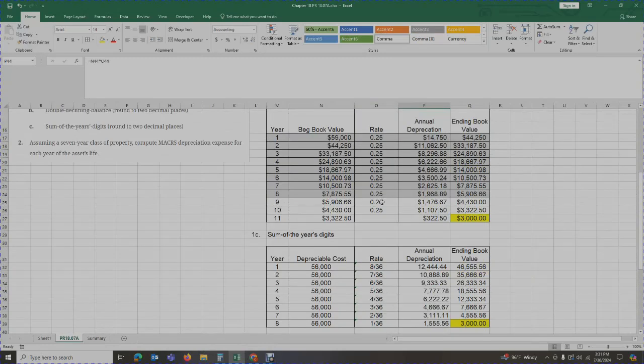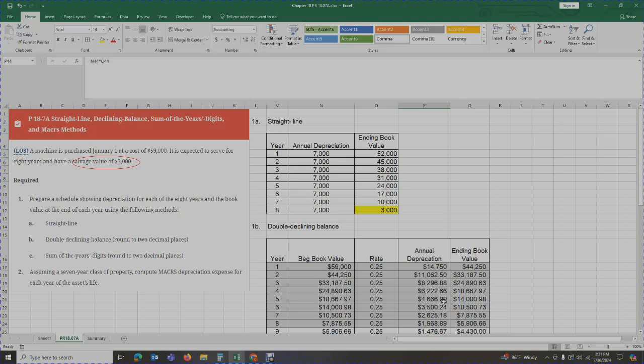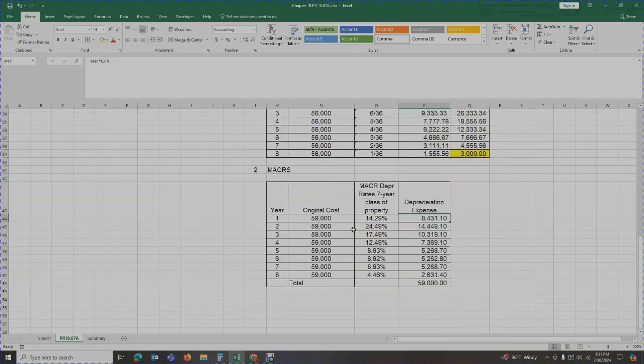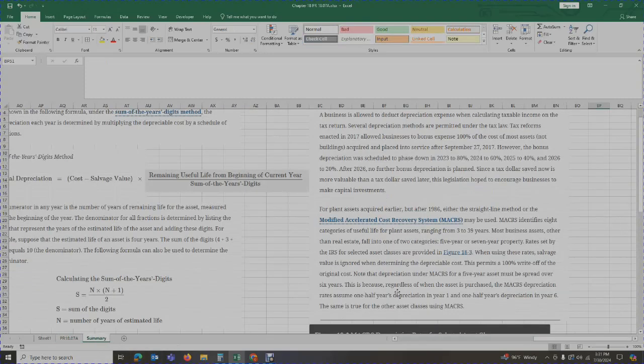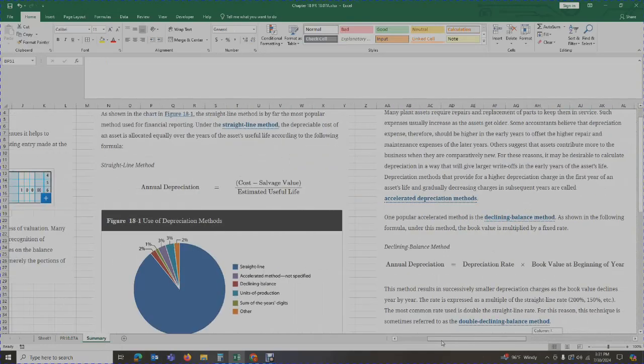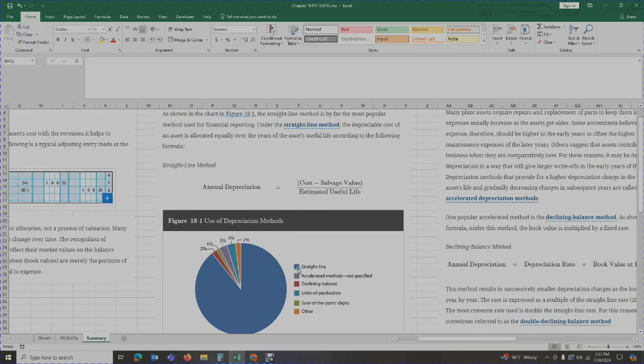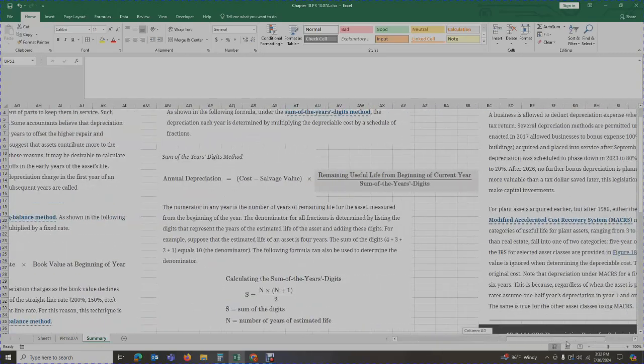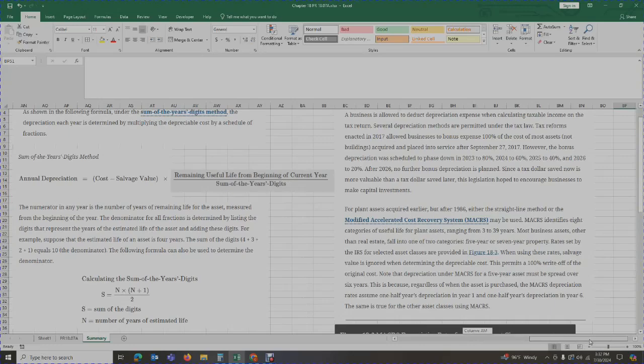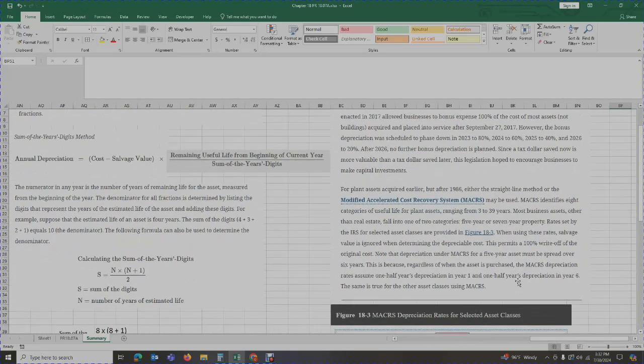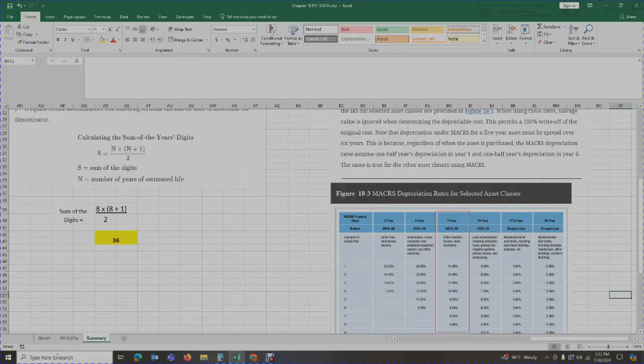You would have to rerun your calculation using the straight line or the MACRS system. I guess that is why the majority of organizations use the straight line. That way they just have to do one calculation for purposes of calculating depreciation for either tax purposes or their business purposes. They just use the straight line method overall.